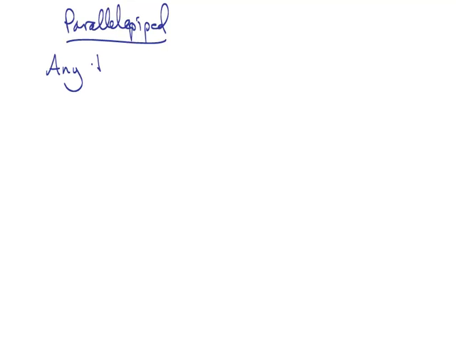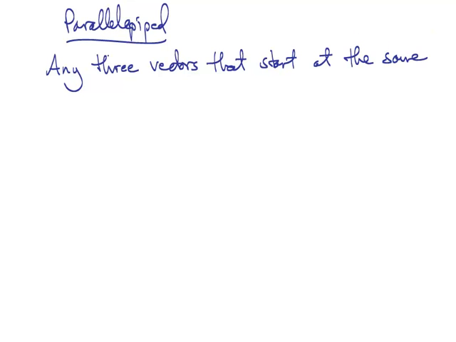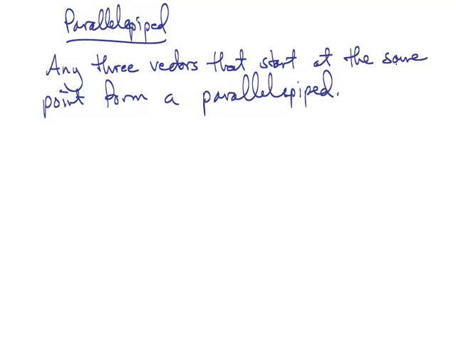And so just like any two vectors form a parallelogram, any three vectors that start at the same point, which we can always make happen, we can move our vectors around, form this parallelepiped. Okay, maybe I should just put that on the test, spell parallelepiped. So let's think about this here.